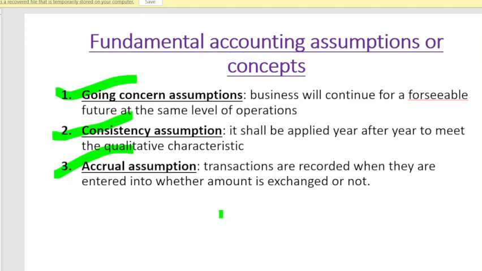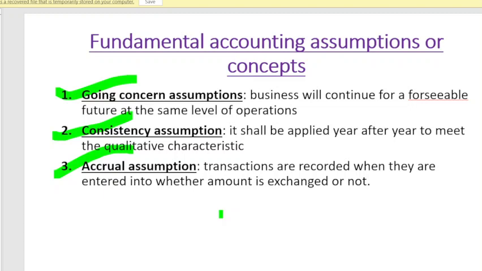Now if I give an example, say a businessman purchased an asset on January 1st, but the payment was made in the month of March. So when should I record the date of purchase of the asset in my book? Should I record January 1st when the purchase was made, or should I mention, say, 15th March when I made the actual payment?